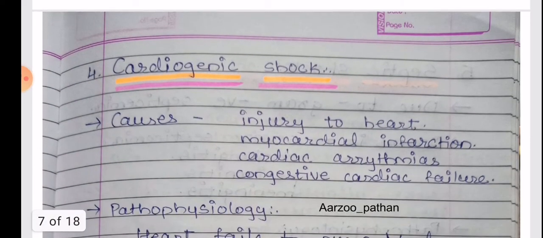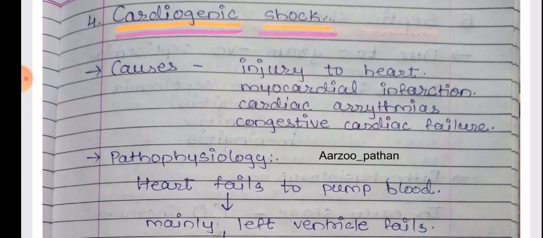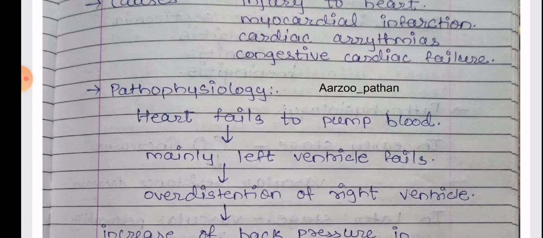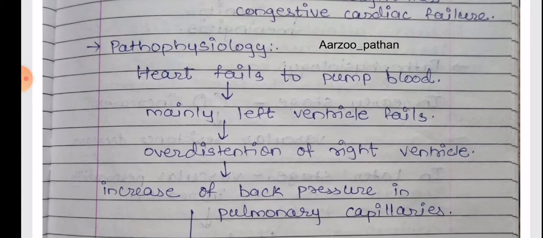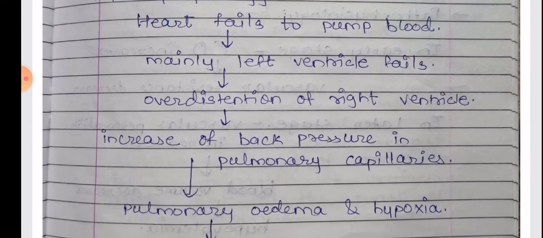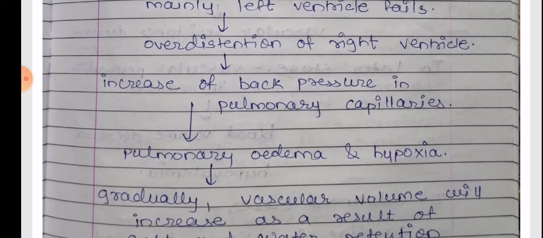The fourth one, which is cardiogenic shock. As the word says, cardiogenic, it is related to the heart, and the causes could be injury to the heart, myocardial infarction, which is heart attack, cardiac arrhythmias, and congestive cardiac failure. Pathophysiology. Heart fails to pump blood, mainly the left ventricle fails. There is overdistension of the right ventricle, which leads to increase of back pressure in the pulmonary capillaries, which in turn leads to pulmonary edema and hypoxia.